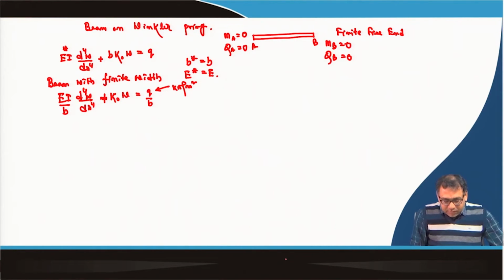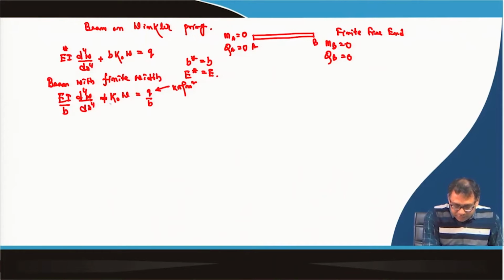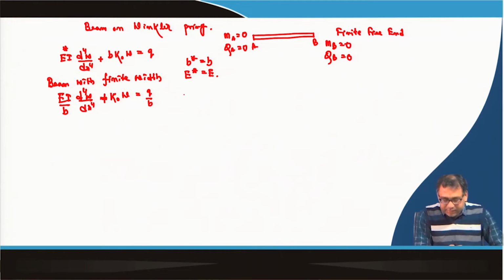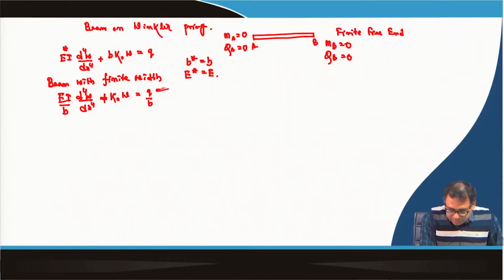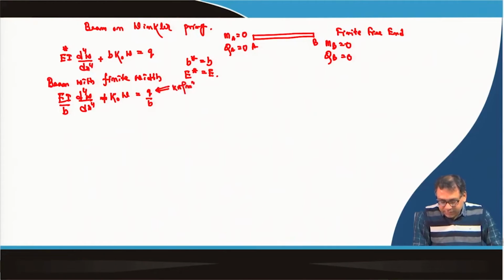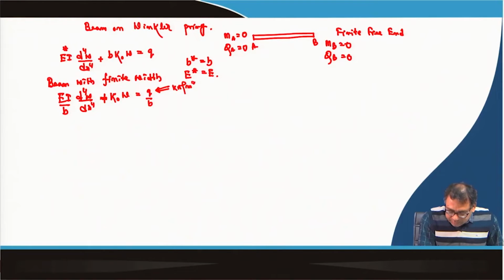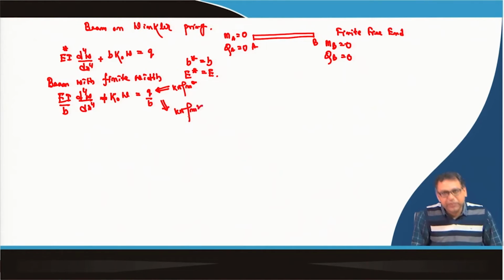So, q is kilonewton per meter square divided by B, so now it will be kilonewton per meter. Finally, it will be kilonewton per meter square unit.